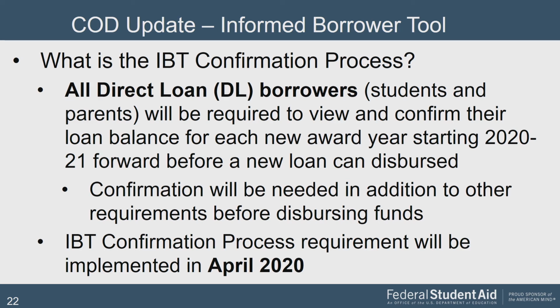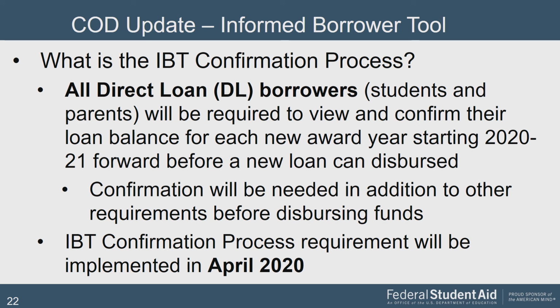In terms of the confirmation process, this is going to impact all direct loan borrowers, and that includes students who are doing direct unsub, sub, or graduate PLUS, and parents who are applying for a PLUS loan on behalf of their students. They're going to be required to view and confirm their loan balance for each new award year, starting 2020-2021 forward, before you can disburse the loan.